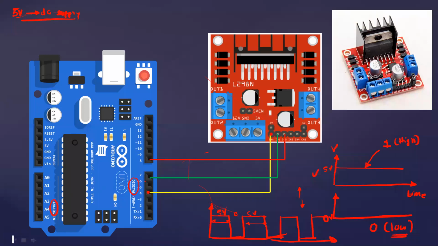Here we will only use digital pulses, because we have to supply a digital voltage, since digital voltage is the only logic voltage. So supply the digital signal from pin number 4 to the enable pin. You can write here, this is the enable, and this pin number 4 is used to control the speed of the motor.